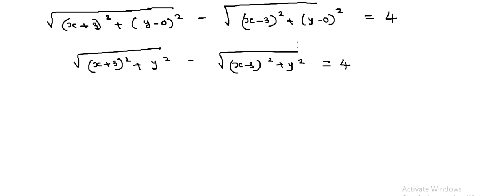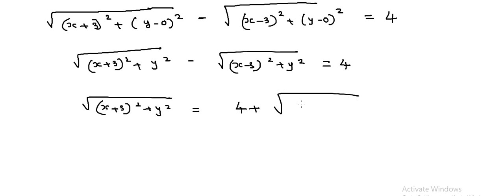Now we have to remove the square root here. So take this term to the right side of the equation. Root of (x plus 3) whole square plus y square is equal to 4 plus root of (x minus 3) whole square plus y square. Take square on both sides.